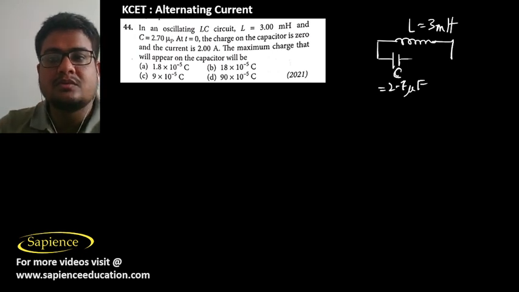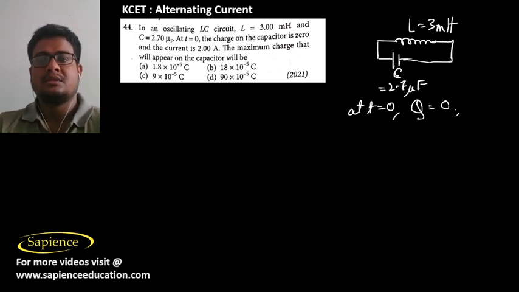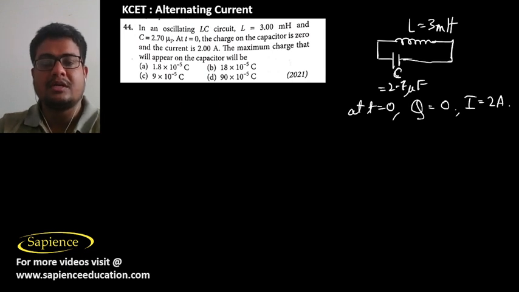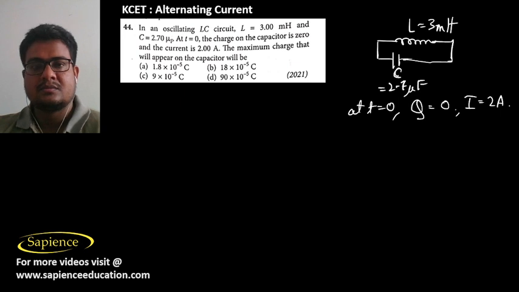At time t equal to 0, the charge Q on the capacitor is equal to 0, and the current I is equal to 2 ampere. The maximum charge that will appear on the capacitor will be... So this is the peak current.